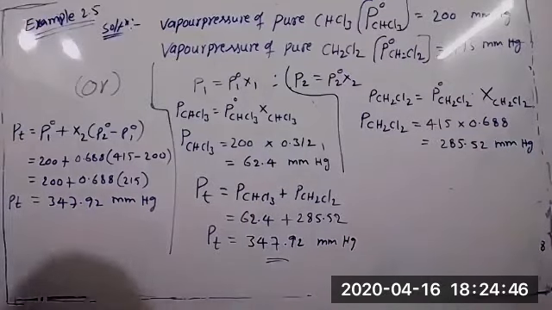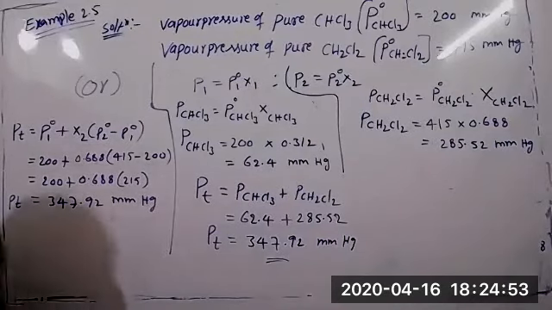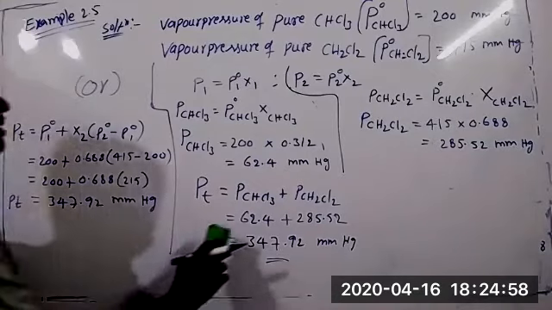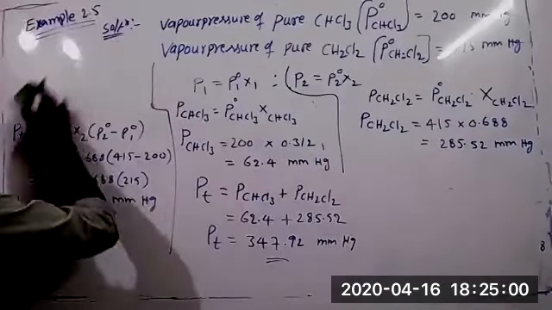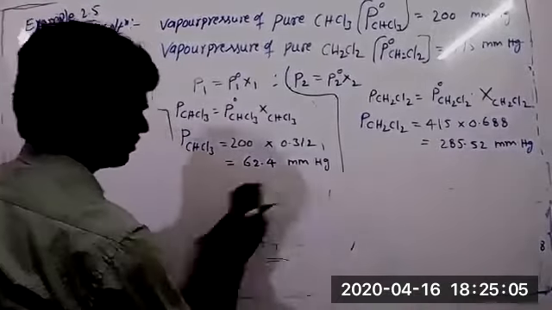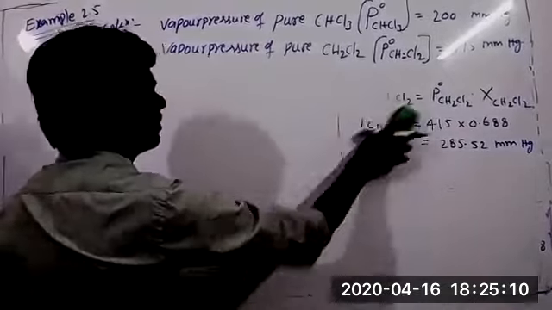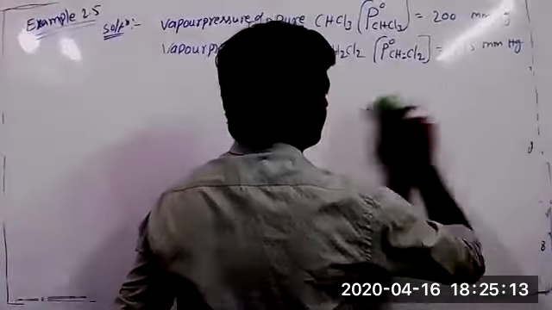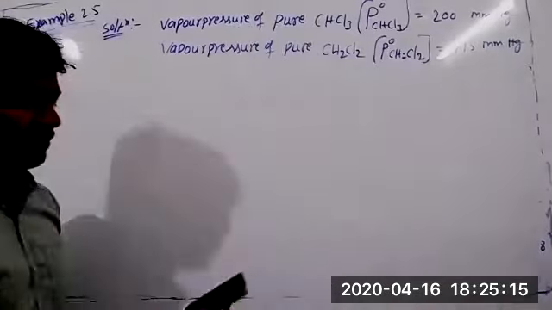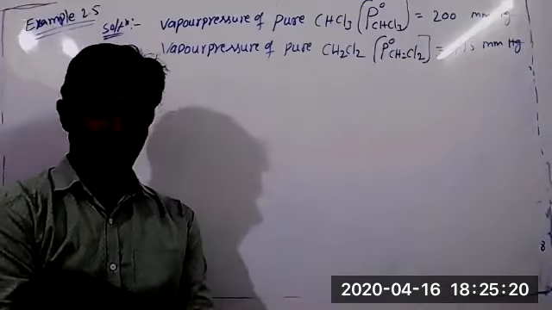Okay, in this question, the second part is the mole fraction of each component in vapor phase. What are the formulas to calculate mole fraction of each component in vapor phase?